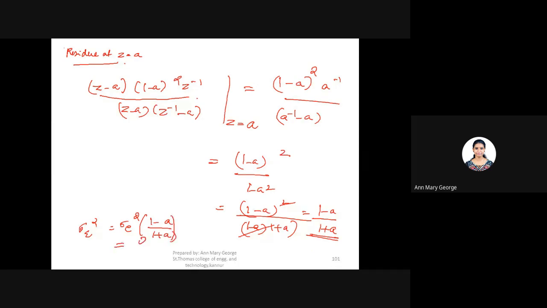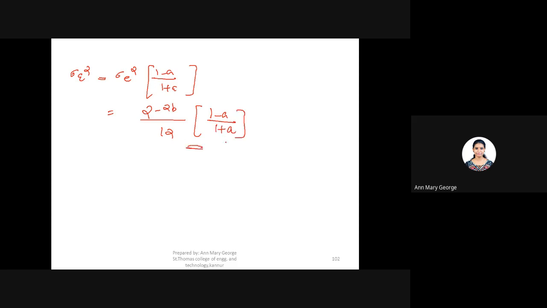The variance can be written as 2 raised to minus 2b by 12 into 1 minus a by 1 plus a. This will be the expression for variance.